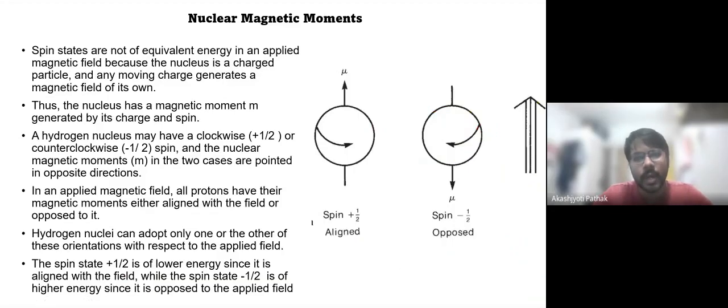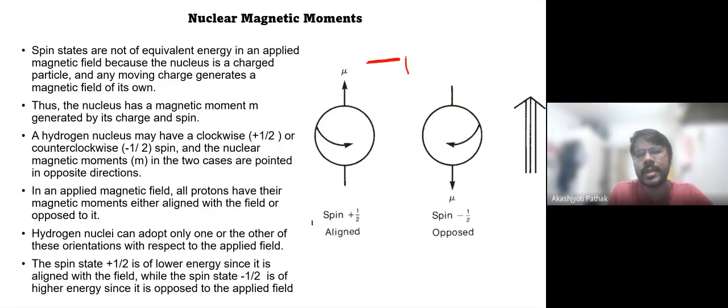Now coming to the nuclear magnetic moment. Spin states are not of equal energy in an applied magnetic field. Before you apply any external magnetic field, all the nuclear spins will be degenerate. They will possess the same energy.